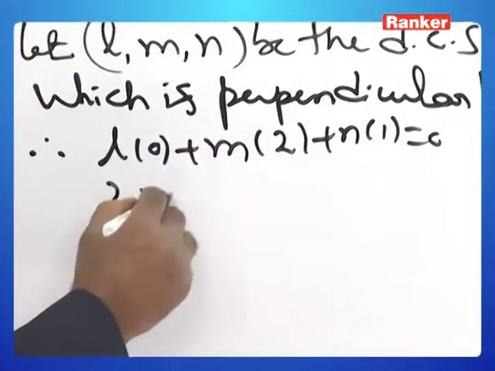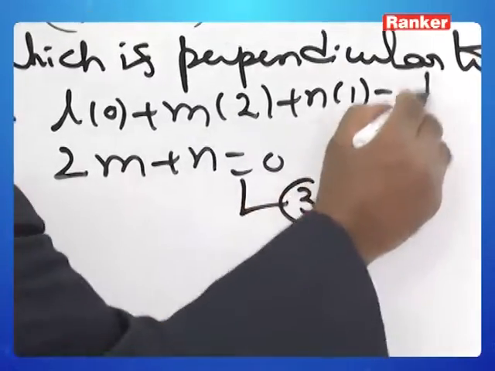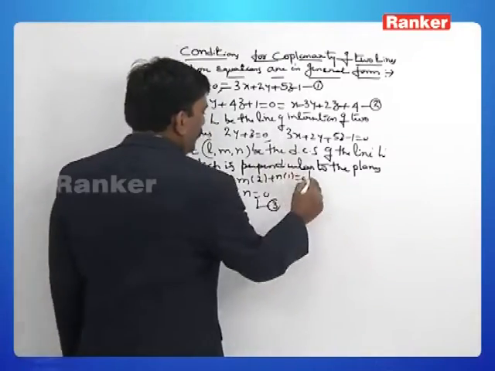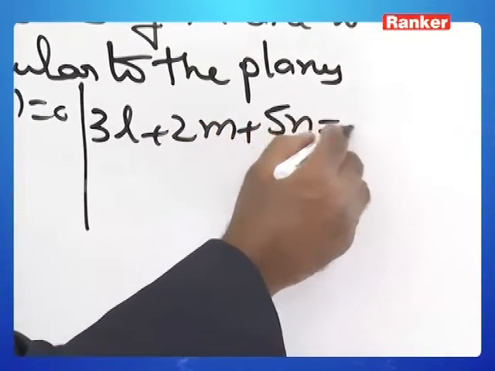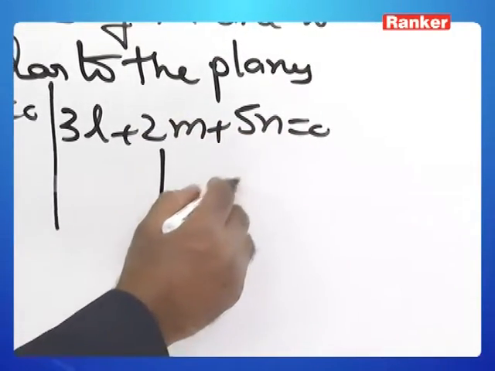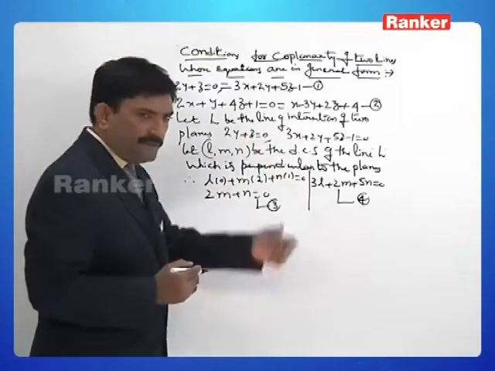Therefore, 2m plus n is equal to 0. Call it 3. Next, with this one, 3l plus 2m plus 5n is equal to 0. Call it 4, right? These are the lines.